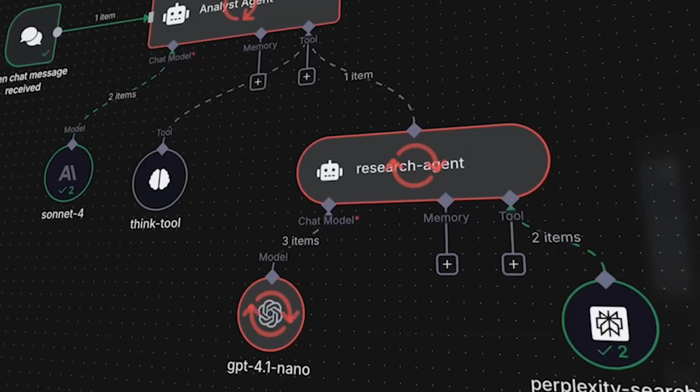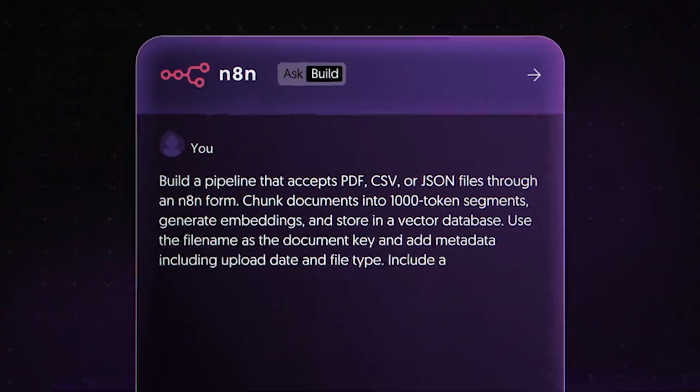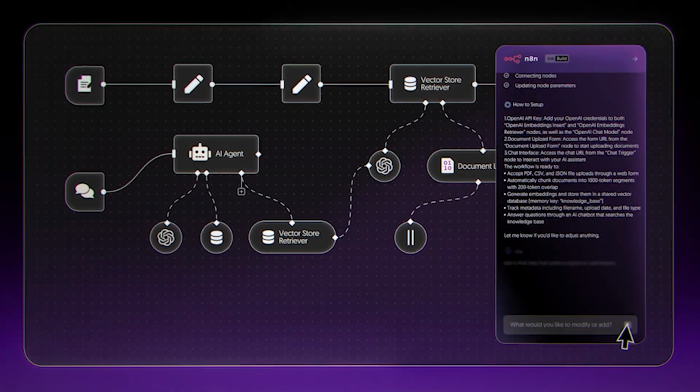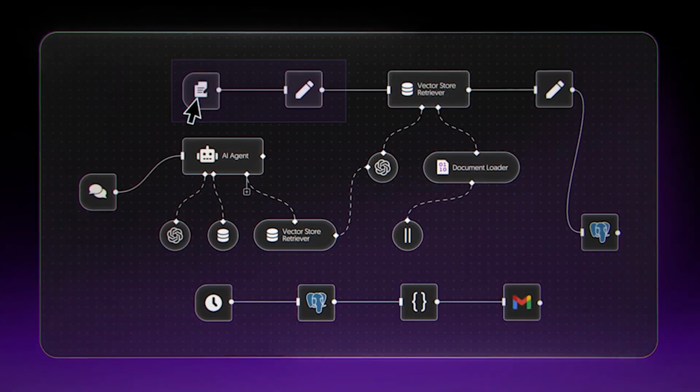What makes n8n special is it's not just a connector, it's the brains of your digital system. You can build workflows that listen for inbound messages, analyze them with AI, and send instant personalized replies, all while you sleep or are busy working or playing with your family.